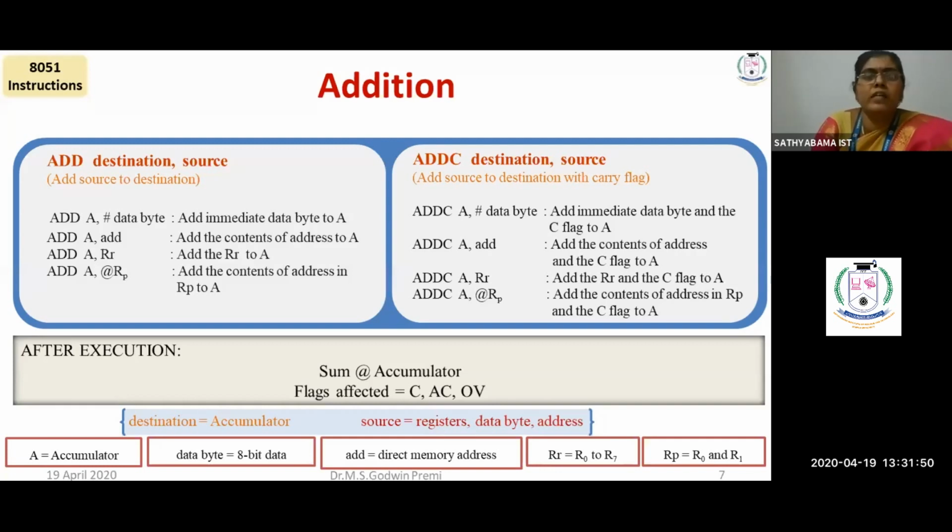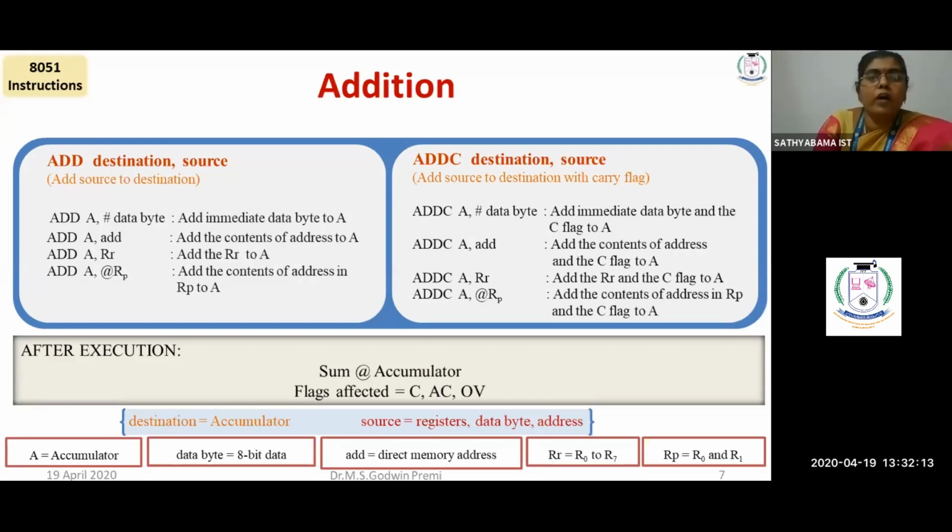The first one we can see is ADD A, #data. The data byte is 8-bit data, so the data is immediately added to the accumulator content. Next, ADD A, direct: directly add the contents of the address to A. Direct is nothing but the direct memory address.